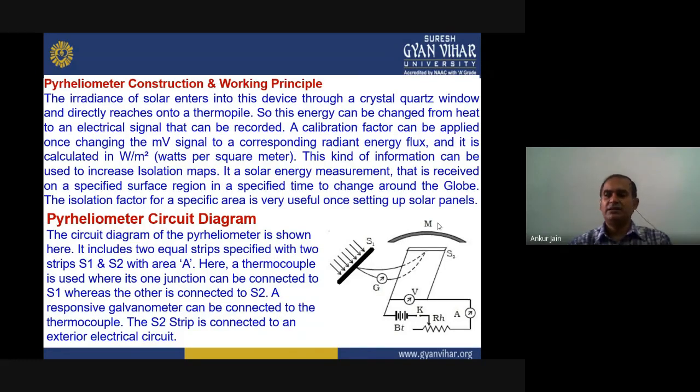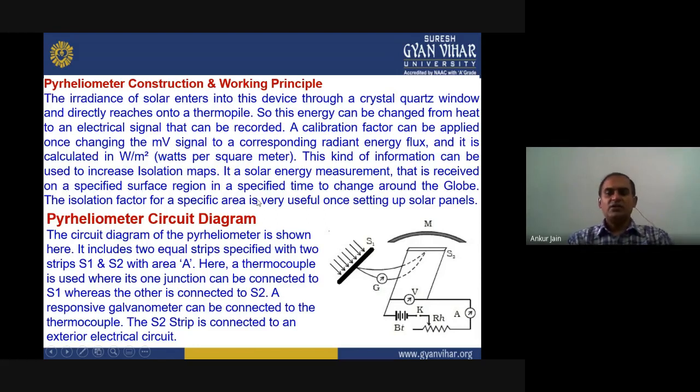There, the calibration is needed before the actual measurement. A calibration factor can be applied, changing the millivolt signal to a corresponding radiant energy flux, and the unit, as I already told, is watt per meter square.